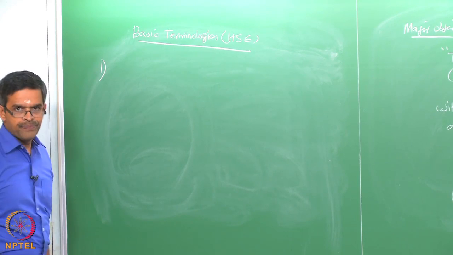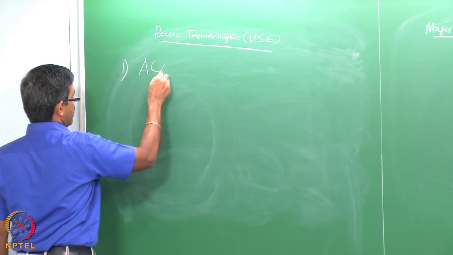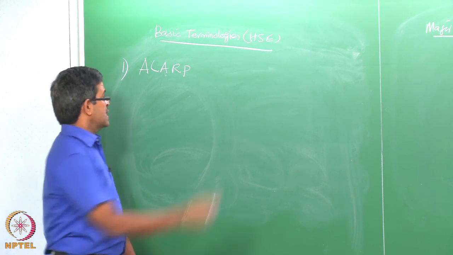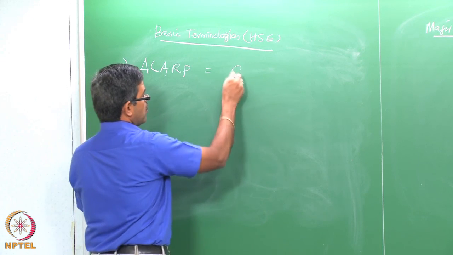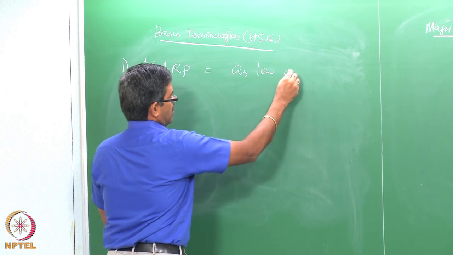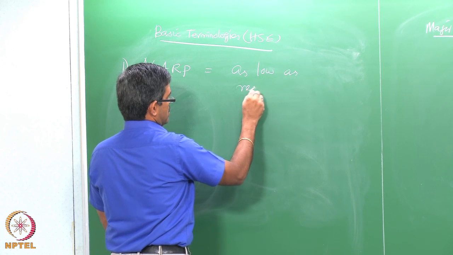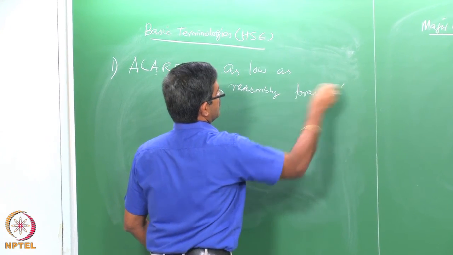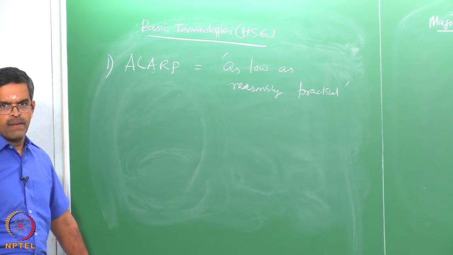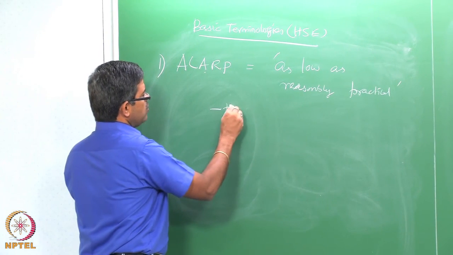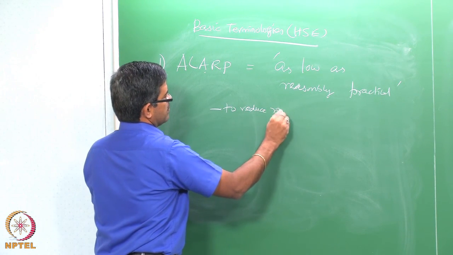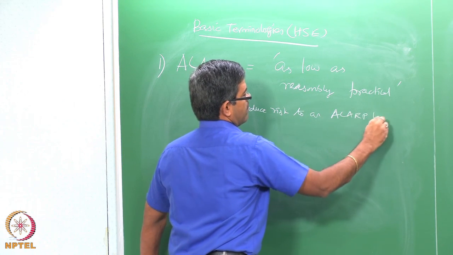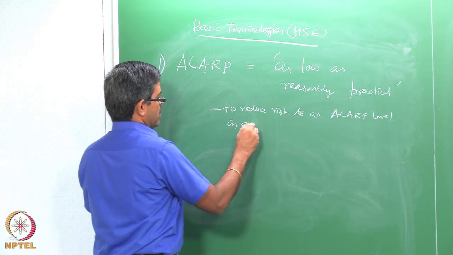Let us list them. ALARP, this expands for as low as reasonably practical. The intention is to reduce risk to an ALARP level in a given system.